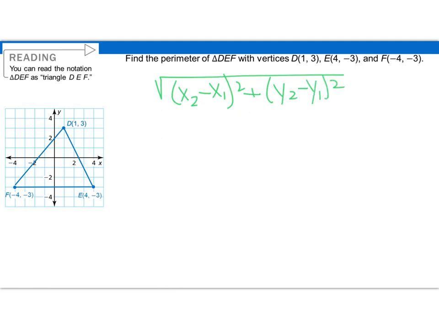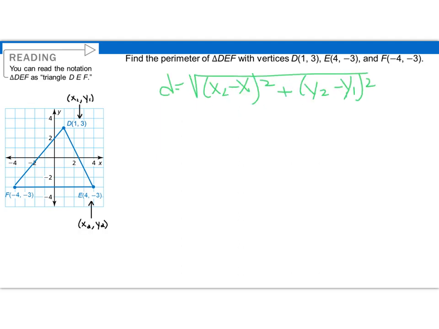And I would suggest that you label your points x1, y1, x2, y2, because sometimes things can get a little bit tricky and confusing. So if you have things labeled, it just makes things go a little bit better. So you can see I've gone ahead and labeled point D as my x1, y1, and E as my x2, y2. So now all I have to do is plug in my points.